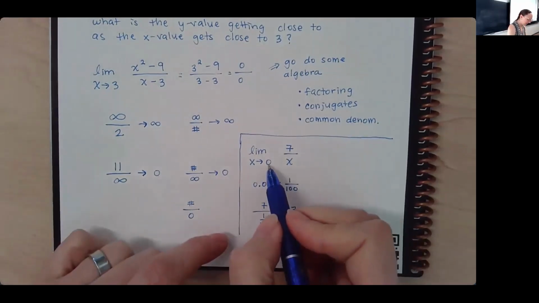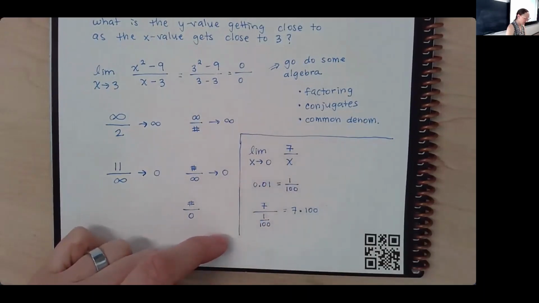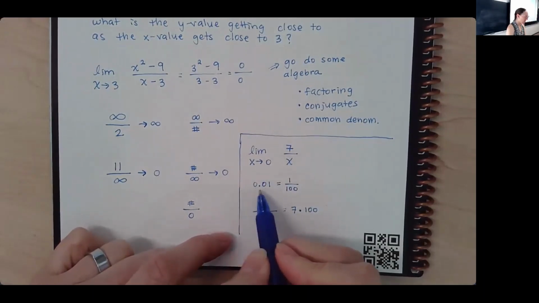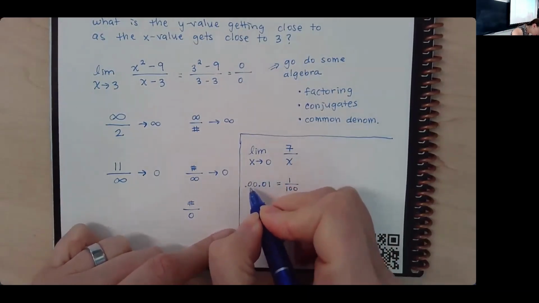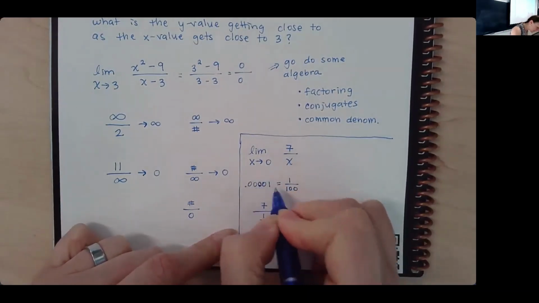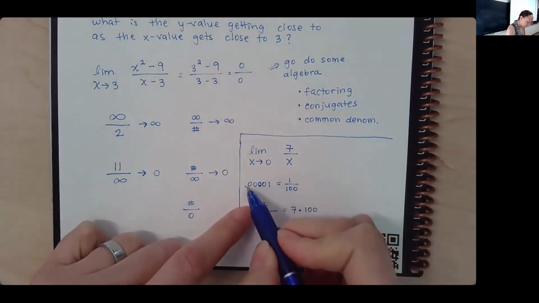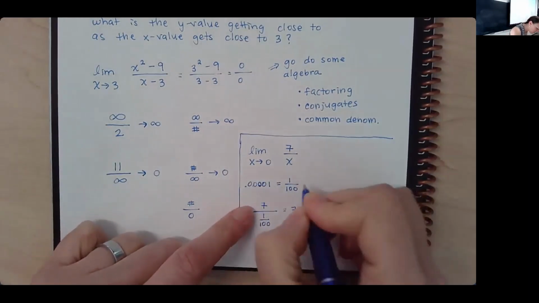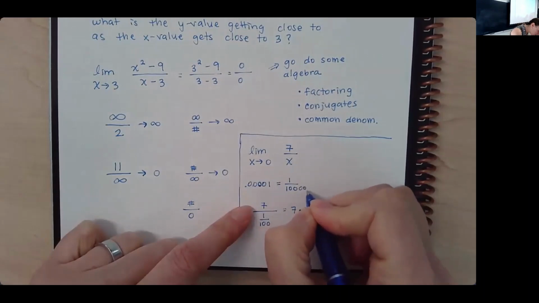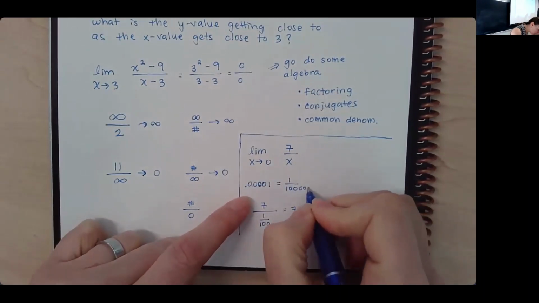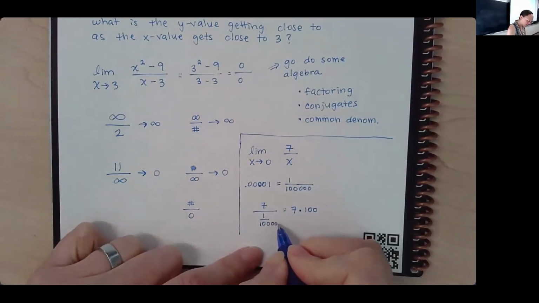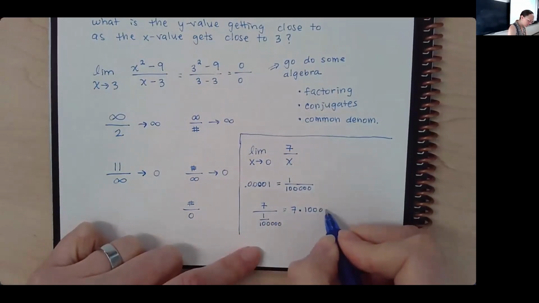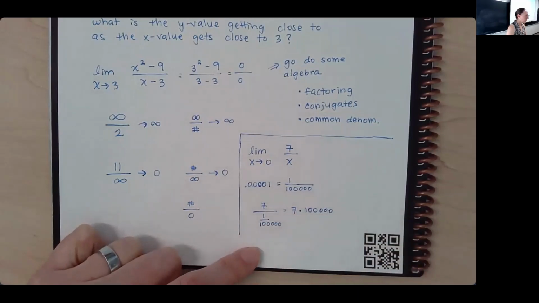If I wanted to get even closer to 0, maybe I could stick a couple extra zeros in here. Maybe I could make this 0.00001. 1, 2, 3, 4, 5. So I would need a bunch of zeros there, which would give me a bunch of zeros here, which would give me a bunch of zeros here.